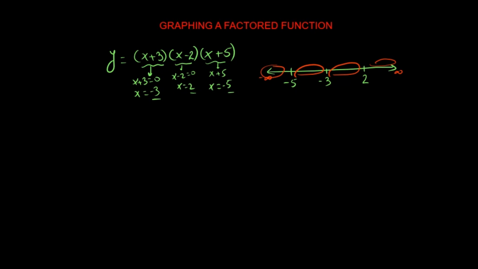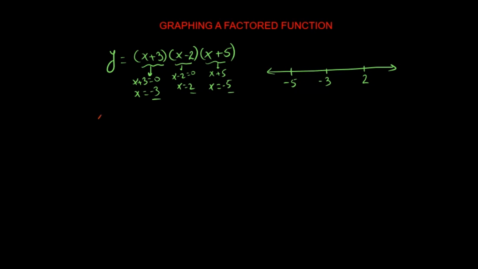We have to check all these segments for their signs, positive or negative. And let's see how to do it. First, I will go with this segment. I will pick any number that's around here. This is minus 5, so every number on the left has to be smaller than minus 5. I will go with minus 6, which is somewhere here.